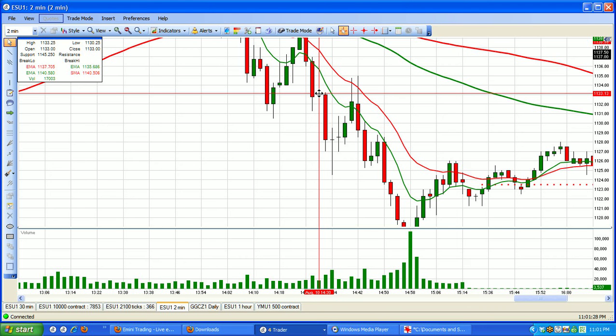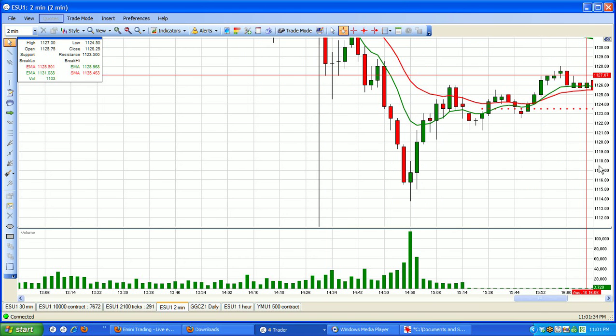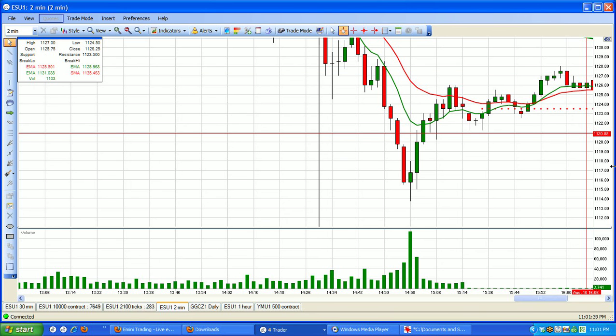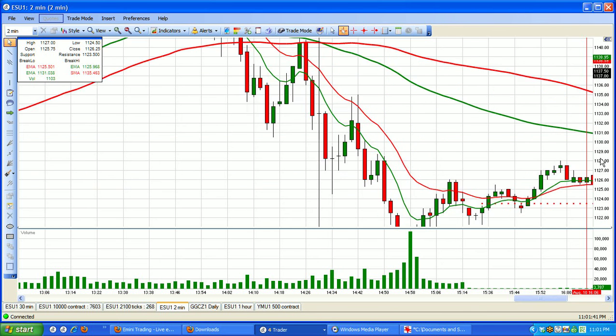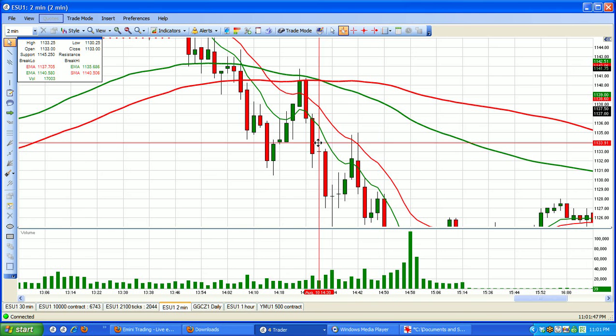Well, from the open of that candle, the drop was probably only 15 points. So I don't know if that's your daily goal on the ES, but that's what that presented.